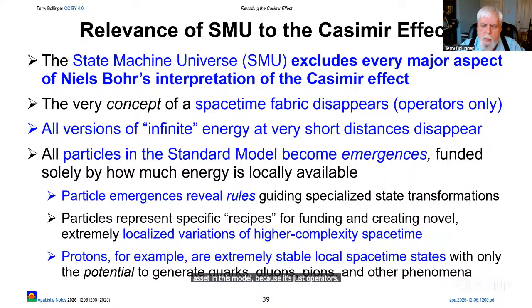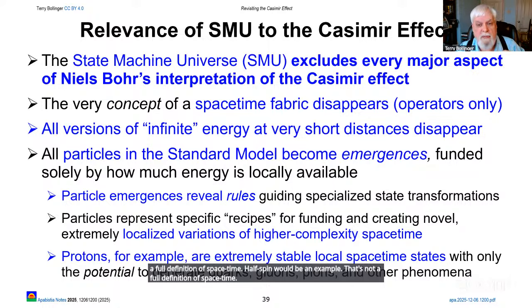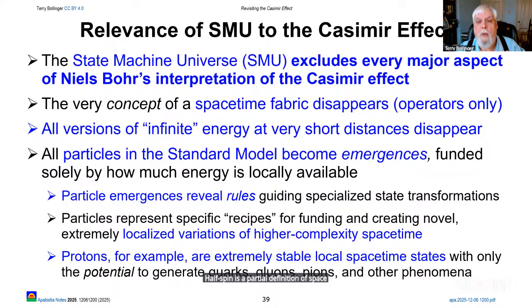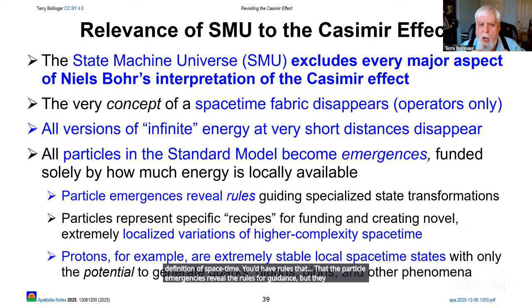So you use small scale operators that don't quite create a full definition of space-time. Half spin would be an example. That's not a full definition of space-time. Half spin is a partial definition of space-time. It's a very weird partial definition. You have rules that the particle emergences reveal for guiding use, but they don't mean that those are all in operation at the same time.